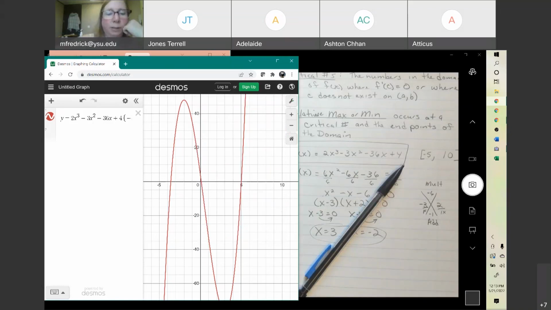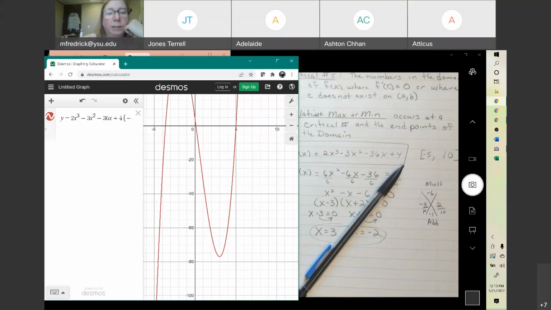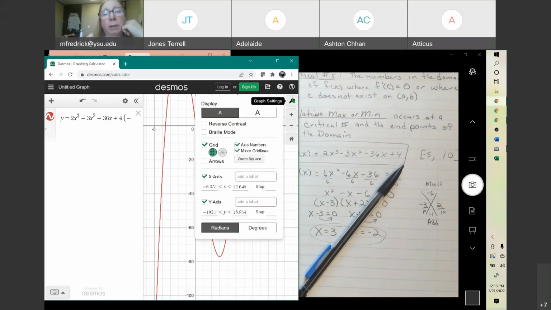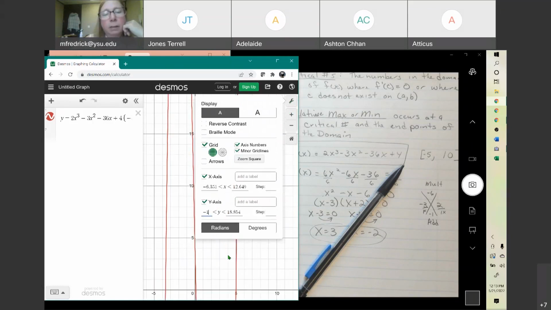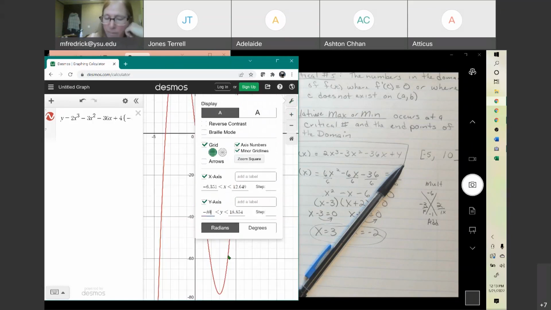Let me see where it's going. So you can move it and see. So if I went to -80, then I would see all of it. So I can go back to my wrench and put in -80.